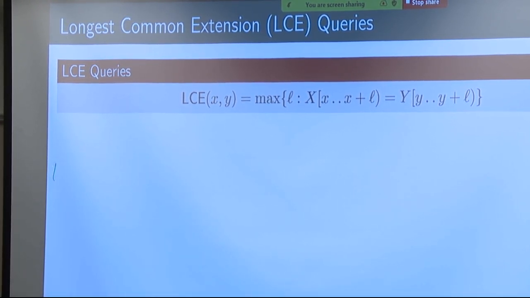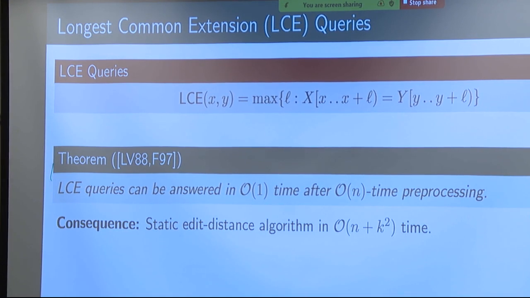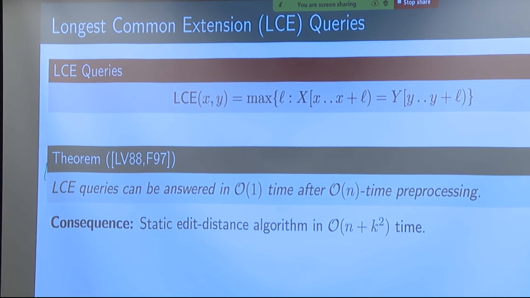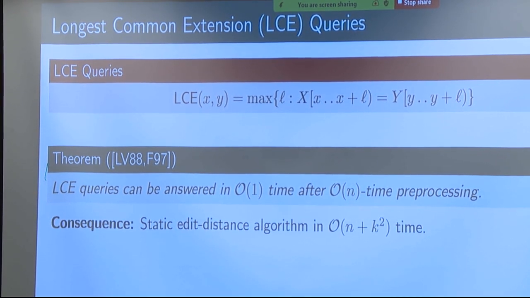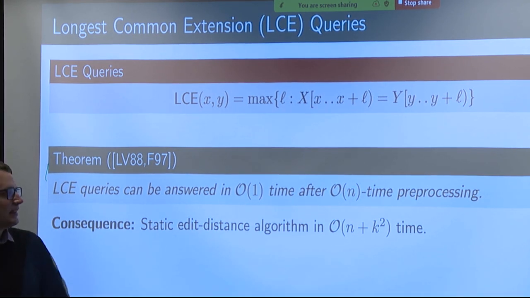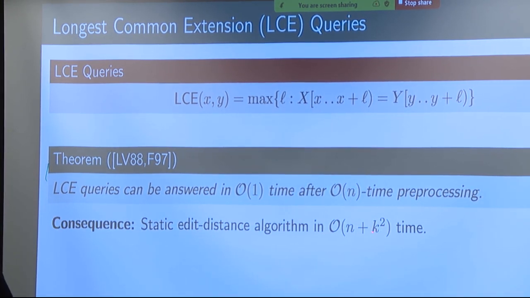And kind of the technical contribution of this paper of Landau and Vishkin was that these queries can be answered in constant time after linear time preprocessing. If you know what the suffix tree is, then this is lowest common ancestors in the suffix tree of the two strings. And this immediately gives the algorithm running in time n plus k squared. So this n is the preprocessing time, and k squared is the number of LCE queries, each implemented in constant time.